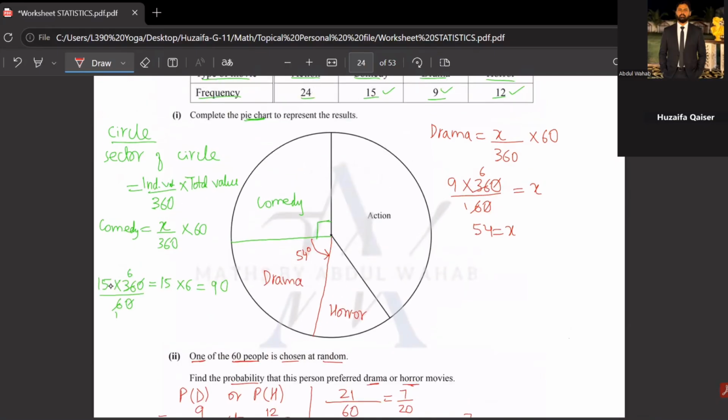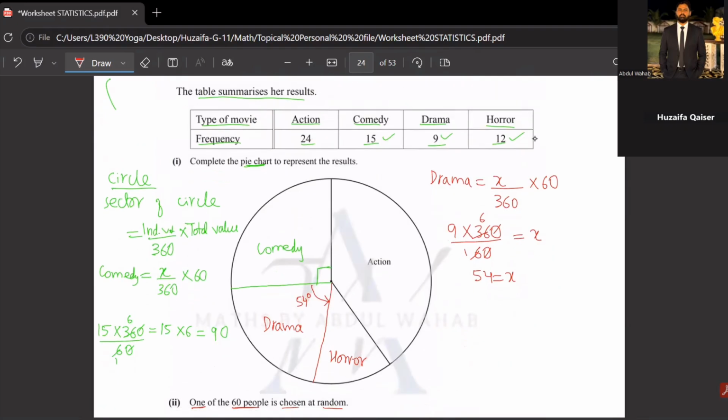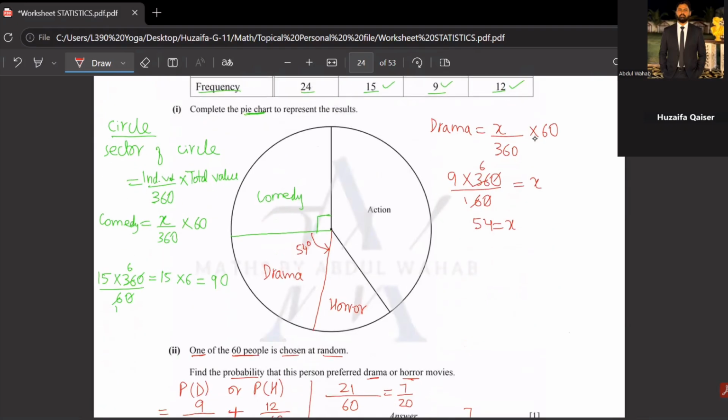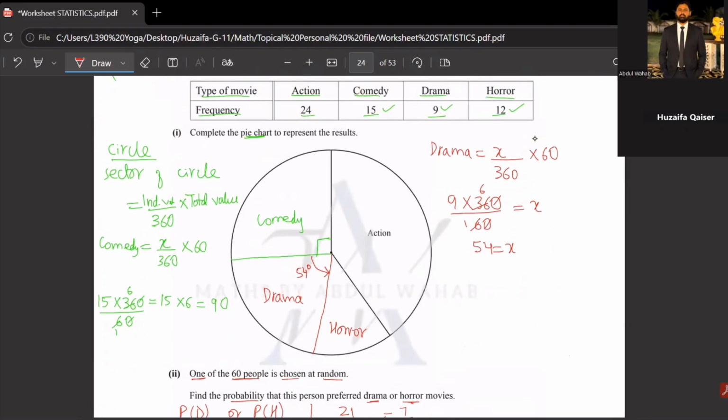Here our focus is on the pie chart. I hope this pie chart is okay with you. How to complete this pie chart? We are using this technique for finding a particular sector, which we did in mensuration. We are using the formula here to find the angle of that particular sector, and the values are given.